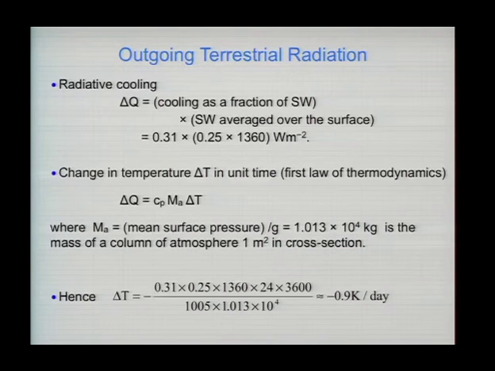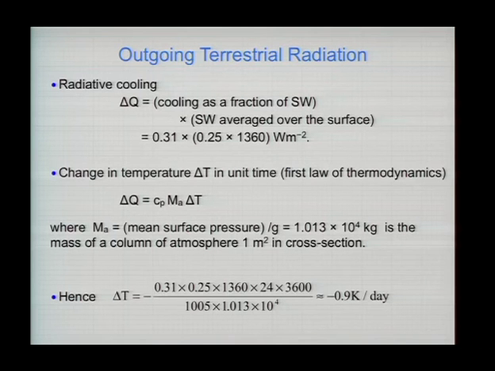There it is. There's the quarter, because we're spreading it over the whole sphere. The Earth intercepts through the disk, and spread over the whole sphere, so there's the quarter. And the solar constant is 1360.